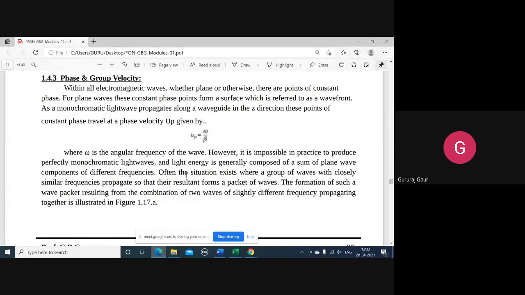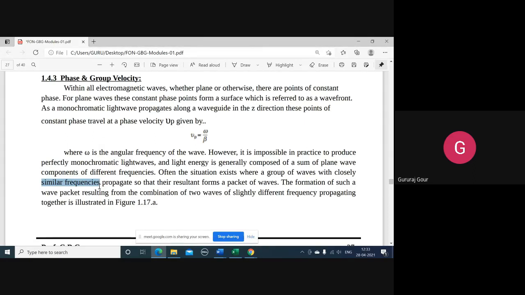So that's what he is telling: often the situation exists where a group of waves with closely similar frequencies propagate. This is important. On average the same frequency stays.